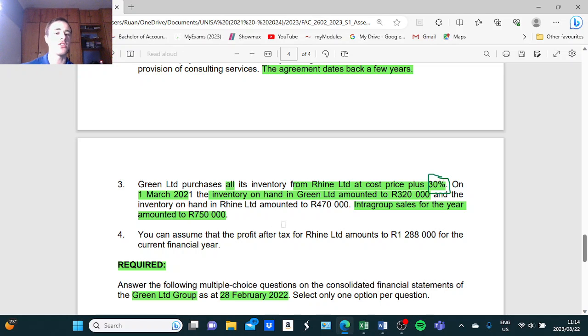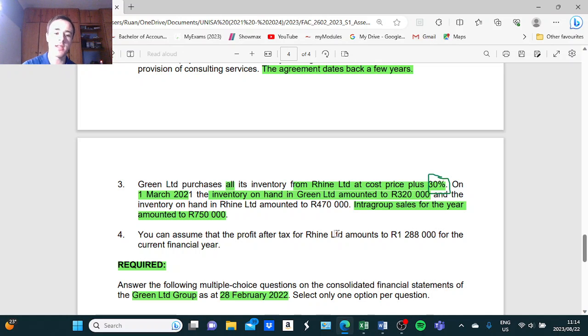Ryan Limited has actually sold the inventory. So the inventory for Ryan Limited is irrelevant in our calculation, because this amount of 470,000 does not include any unrealized profit. It's only the inventory of Green Limited that includes the unrealized profit.